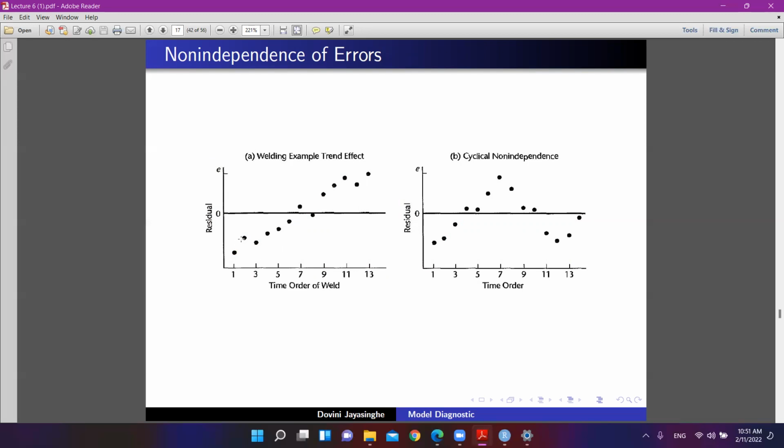At the beginning also the residual is very high. If you plot the absolute residuals versus time order, you get a V-shaped plot, right? Still, the residual is not close to zero, but deviating from zero, and it shows some pattern.